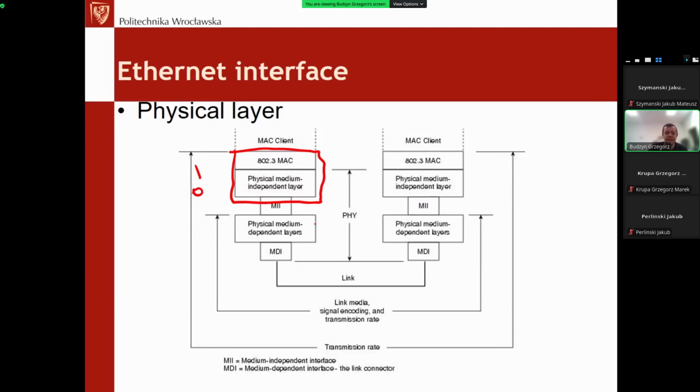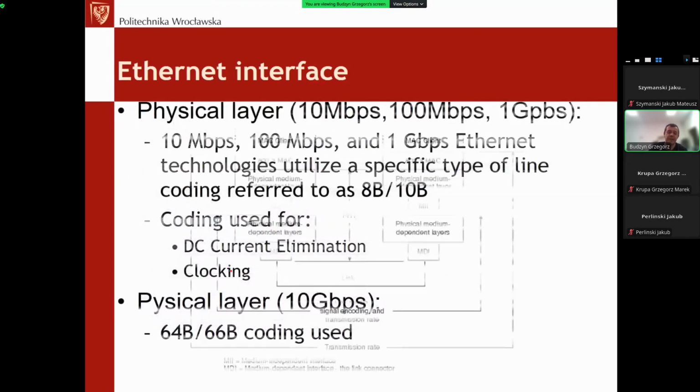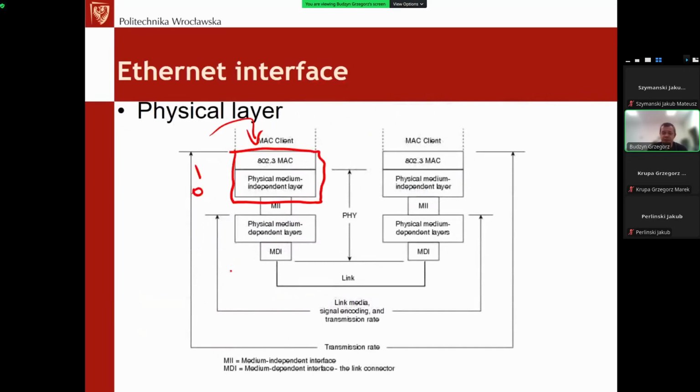We need to add the MAC client from the top. Of course, the MAC client depends on what we want to do. We can have situations with IP, TCP and the above layers implemented on top. But the physical block, the peripheral that we have in microcontrollers, is usually just this.